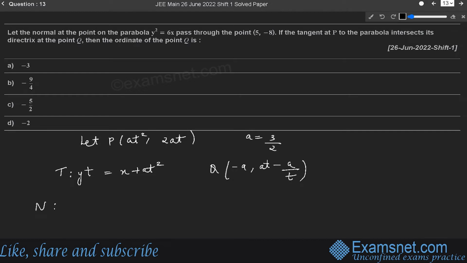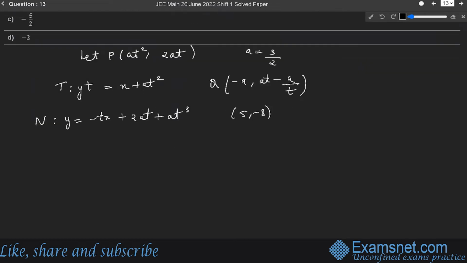Now we know that the normal is such that y = -tx + 2at + at³. It passes through the point (5, -8). It is given in the question. Therefore, we can say that -8 will be equal to -5t + 3t + (3/2)t³. So 3t³ - 4t + 16 will be equal to 0.